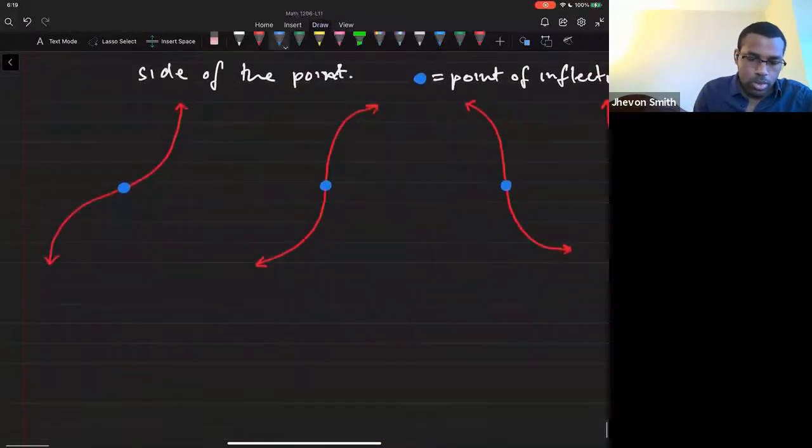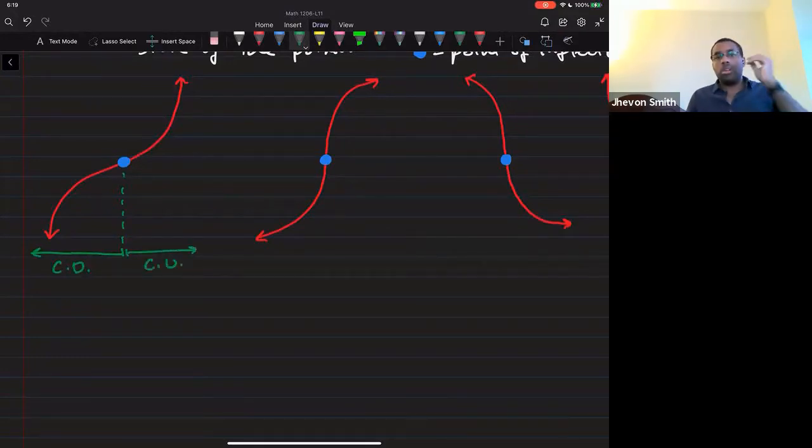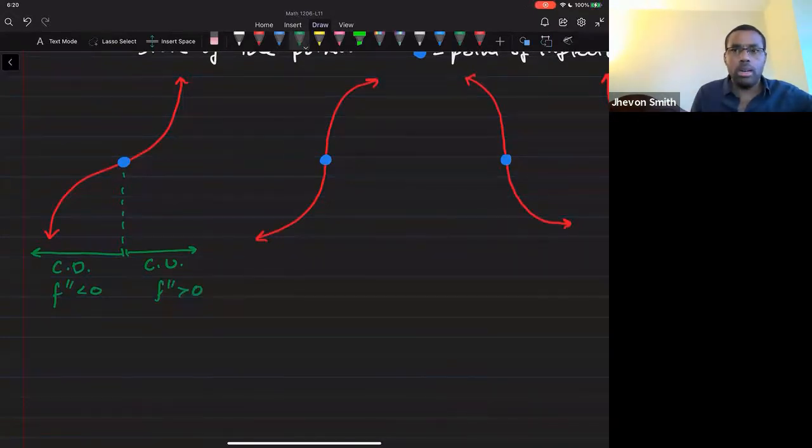You'll see that on this side, if I were to look to the left, I am concave down, whereas if I were to look to the right, I am concave up. So on the left, I'm down like a frown. On the right, I'm up like a cup. And I switched that behavior once I passed through this blue point. So over here, our f double prime was less than 0. And then immediately on the other side, my f double prime is greater than 0. So that's a point of inflection.